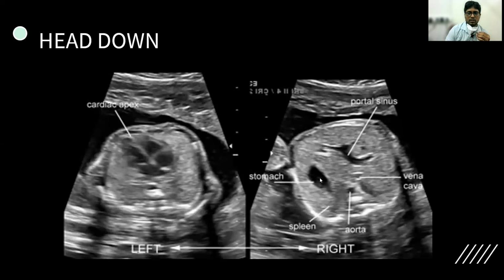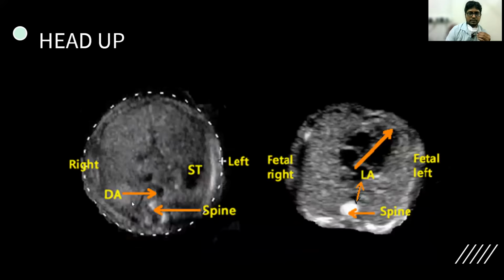And this will be used to assess the cardiac axis as well. So in this case, the fetus is in the head down position and the stomach is at 1 o'clock position in respect to the vertebra, and the heart is also pointing towards the same direction. So this is a normal situs.